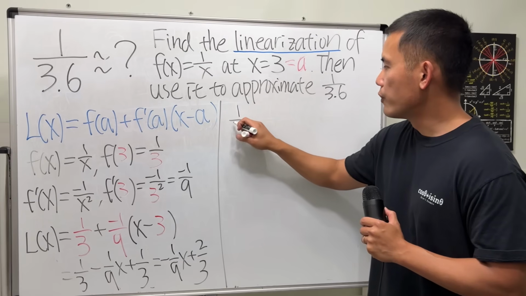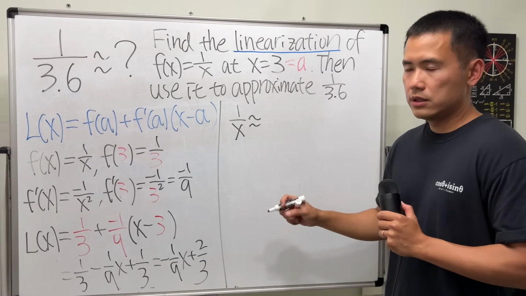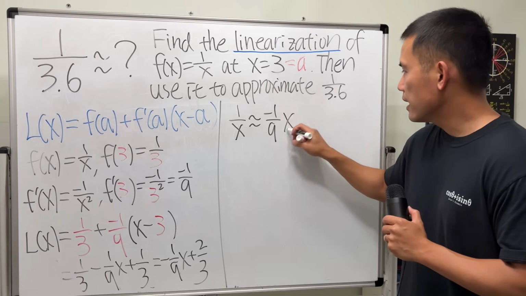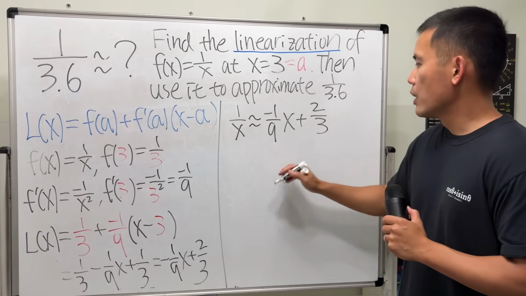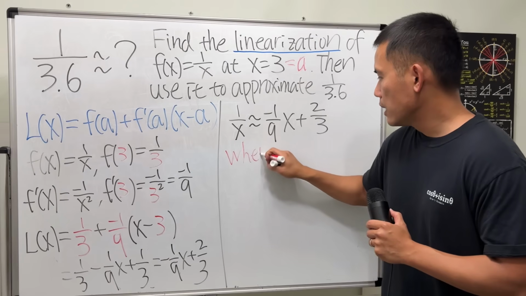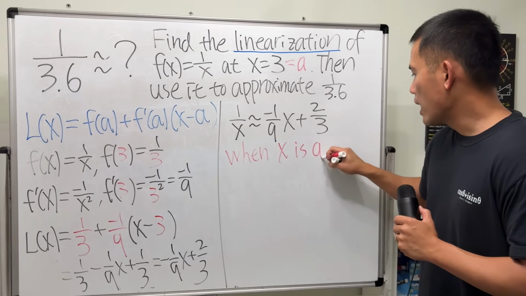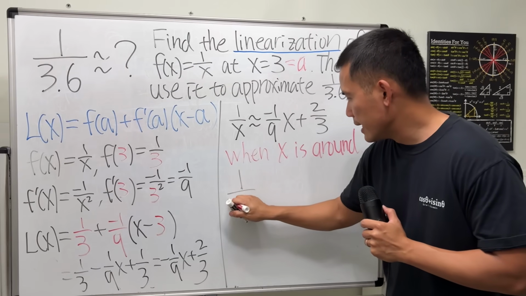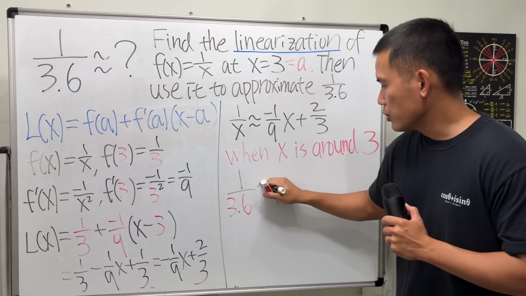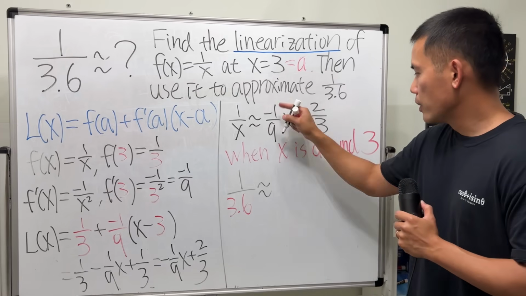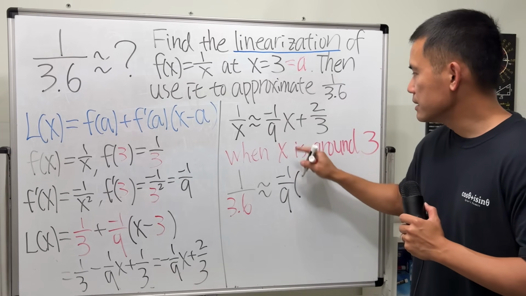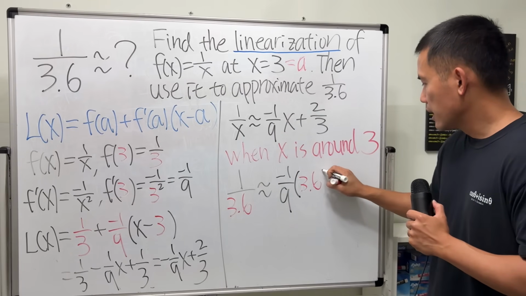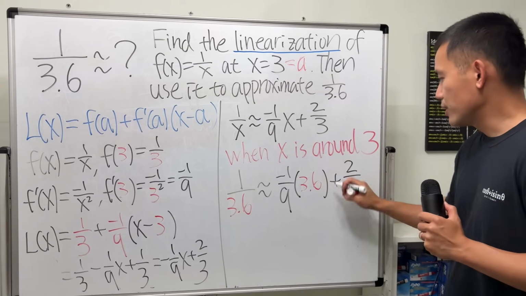We are saying 1 over x is pretty close to this thing here, which is negative 1 over 9 times x plus 2 over 3, when x is around 3. Based on all this, we are saying 1 over 3.6 is going to be approximately equal to negative 1 over 9 times, again, you put 3.6 into these x values. So this is 3.6. And then you add 2/3 to it.